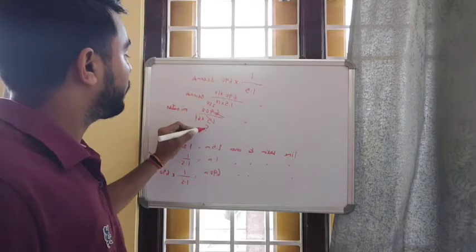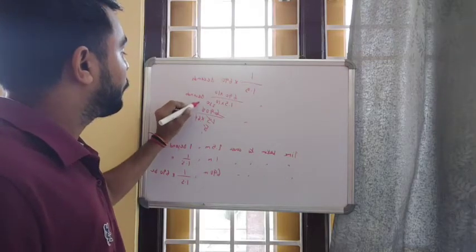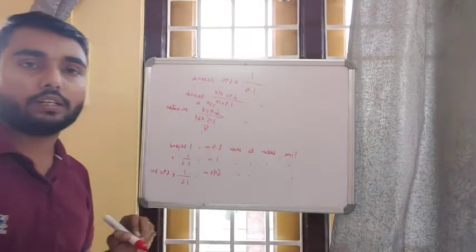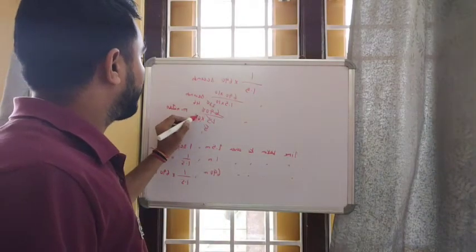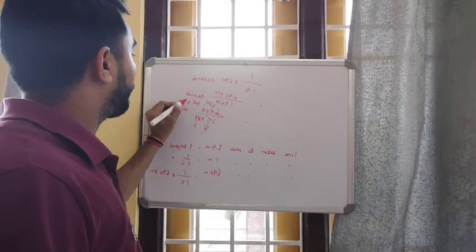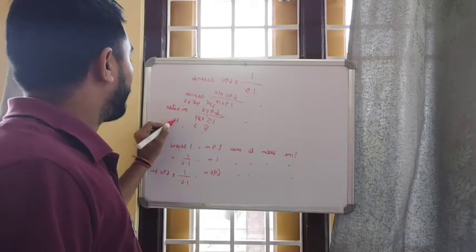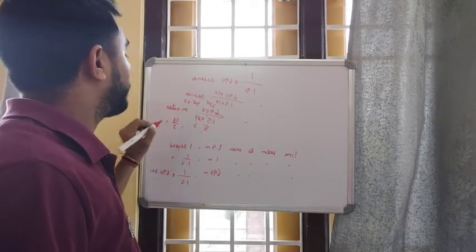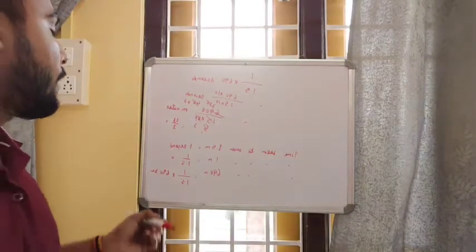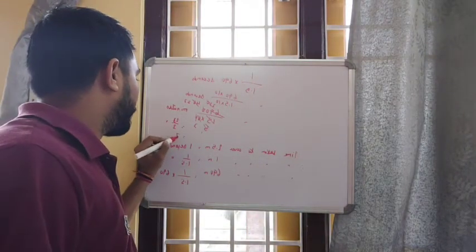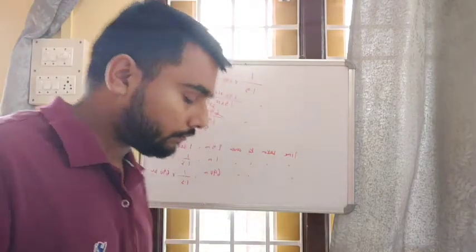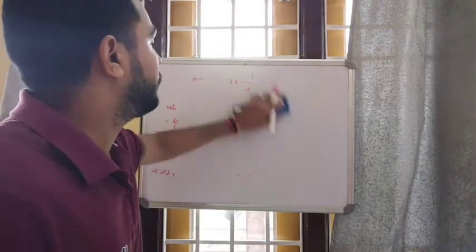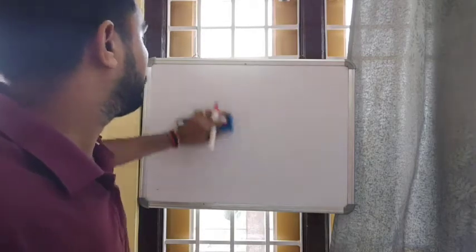Then again by the table of 5, 5 fours are 20, remains 3, 30, 6 times. 3 times 7 is 21, so it will be 23 by 3 minutes. You can convert it into a mixed fraction: 7 and 2 by 3 minutes. This is the time taken to cover 3 rounds.